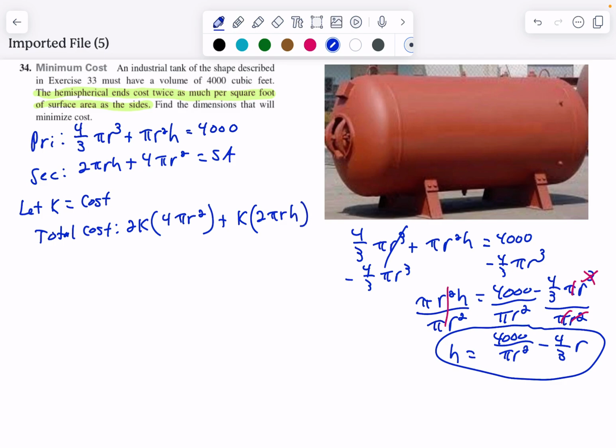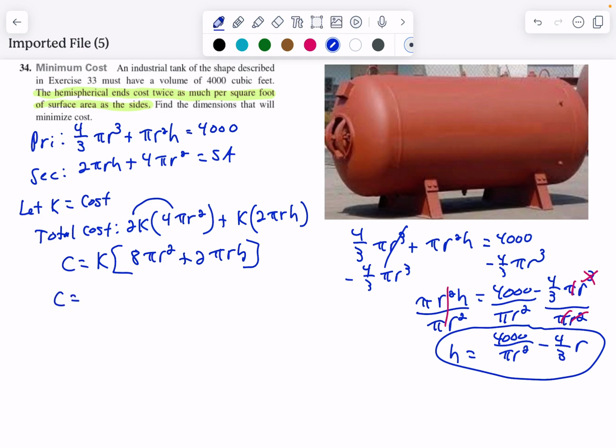Okay, so I'm going to just distribute that 2 here and factor out a K, which would take me to the cost being K times 8 pi r squared plus 2 pi r h. Again, all I did was distribute the 2 and factor out the K, the unit cost. Okay, so at this point, I'll take you one more step.